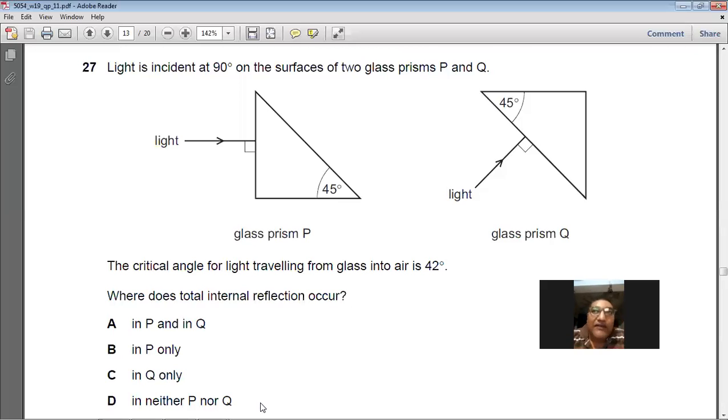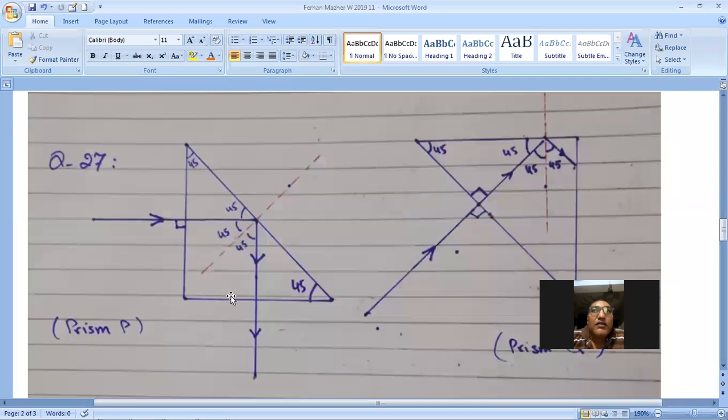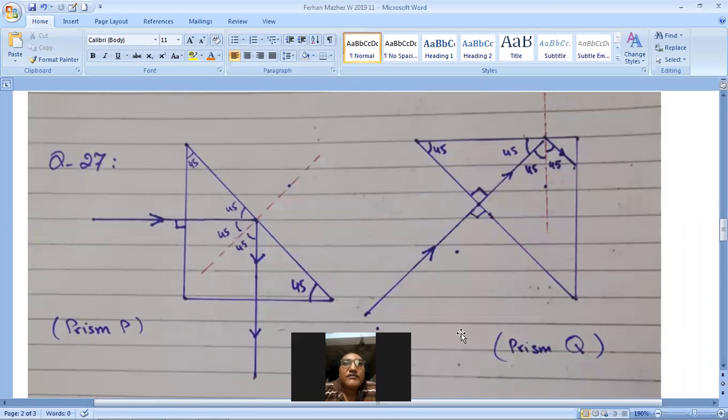I've done this on paper. Let me show you my work. I hope this is visible on your screen. Because the light is entering the prism at 90 degrees, it will go undeviated when it touches this face. I have drawn a normal here.